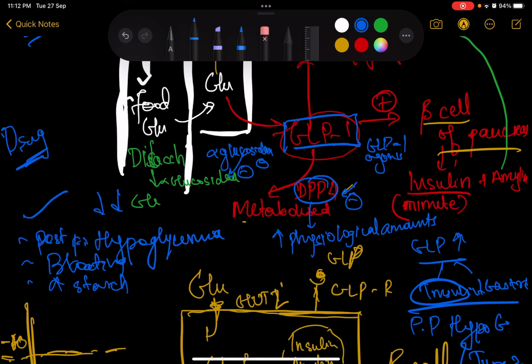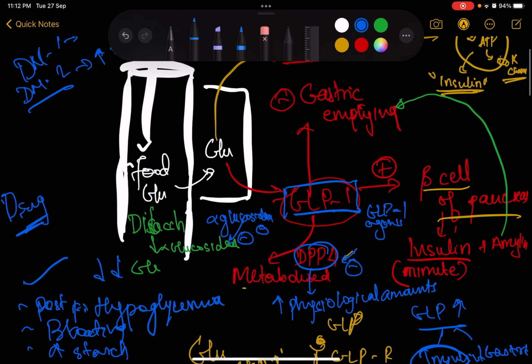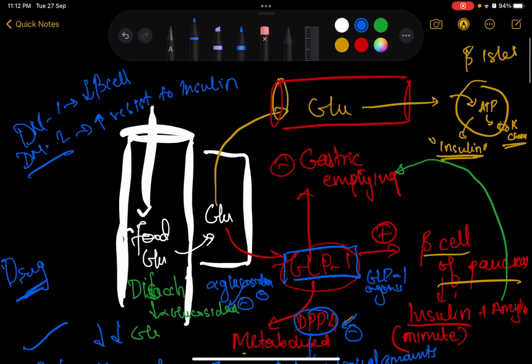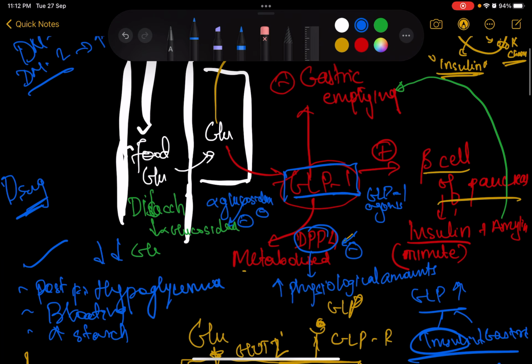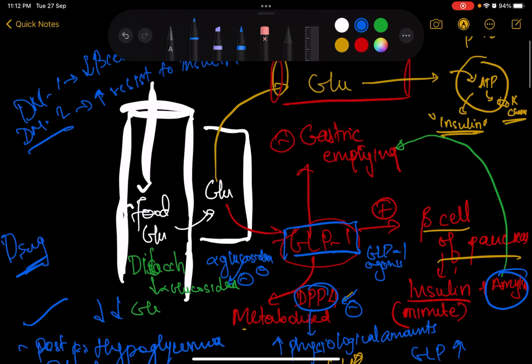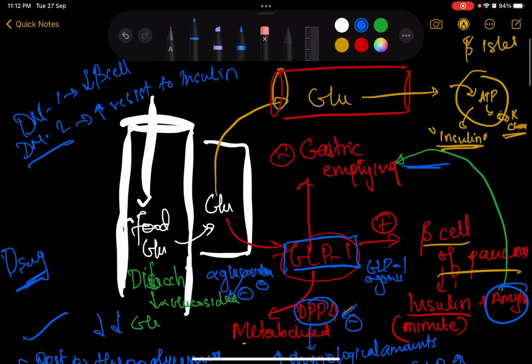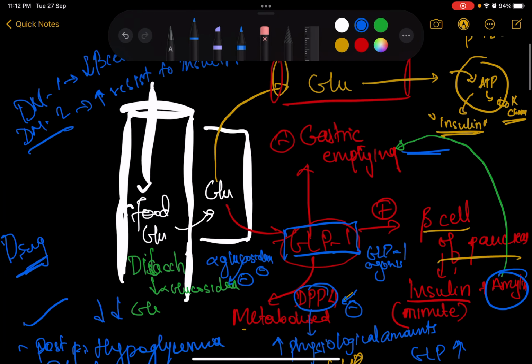All right, and then we have a very important drug that we saw, called amylin. Amylin is also going to inhibit gastric emptying. So if we use an amylin analog, what will it cause? It will again cause postprandial hypoglycemia. But where are you going to use amylin?